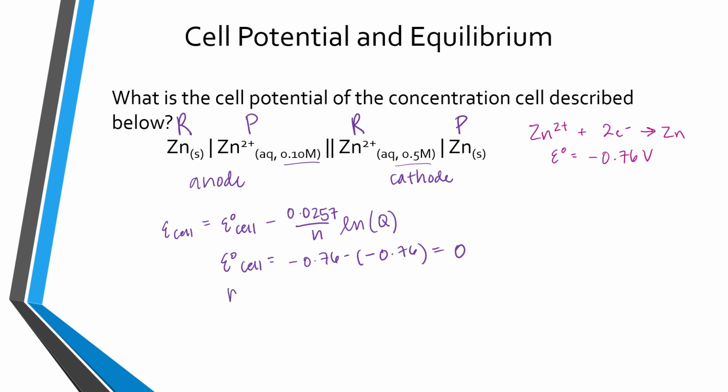N is the number of electrons, so in this case it is 2. And then Q is products over reactants, so my product is 0.1 divided by my reactant, which is 0.5.